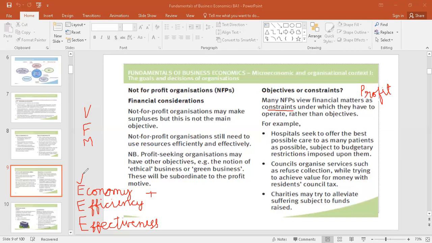That is the criteria here. It says that many NFPs view financial matters as constraints under which they have to operate rather than objectives. So hospitals seek to offer the best possible care to as many patients as possible, but subject to, again, economy, budgetary restrictions imposed upon them.